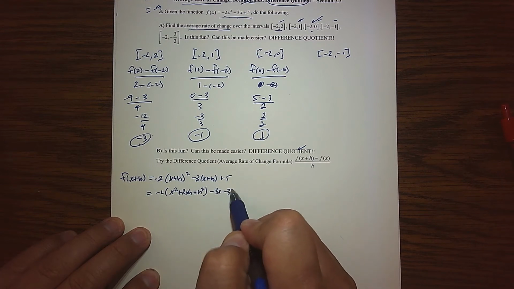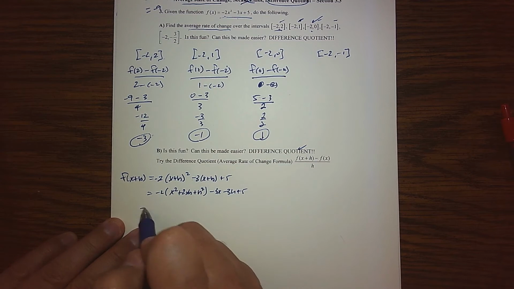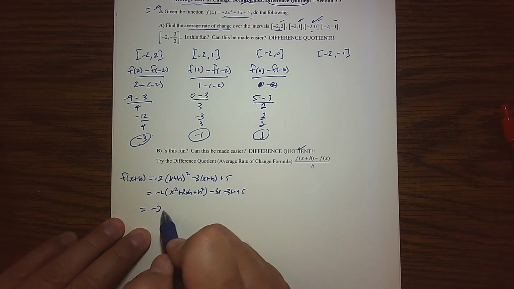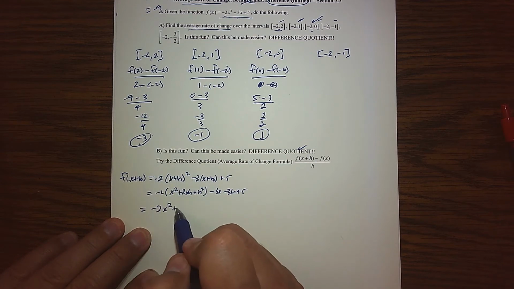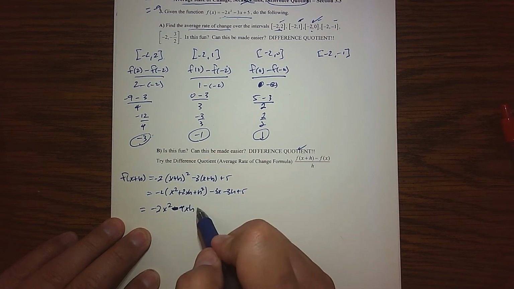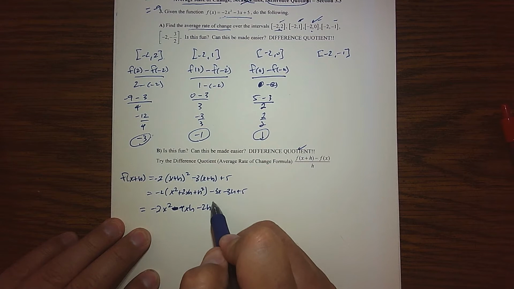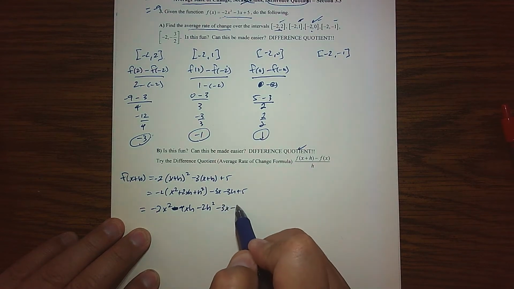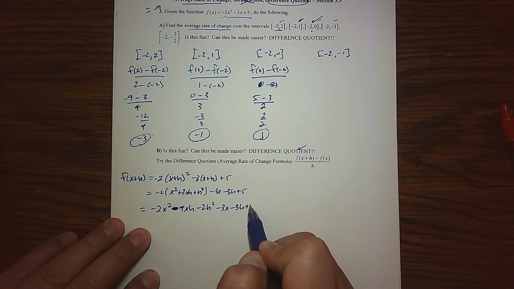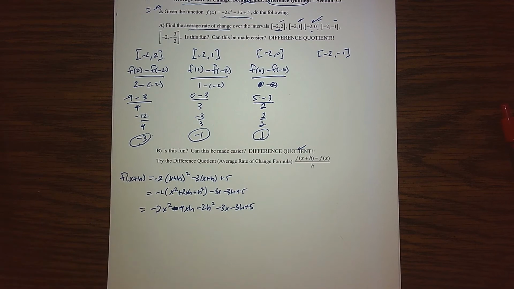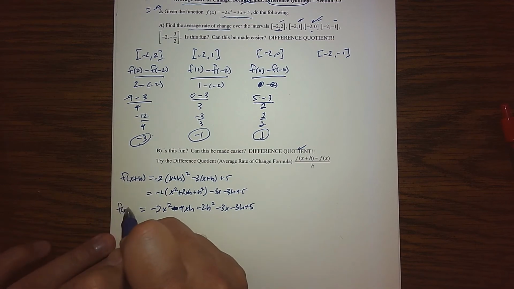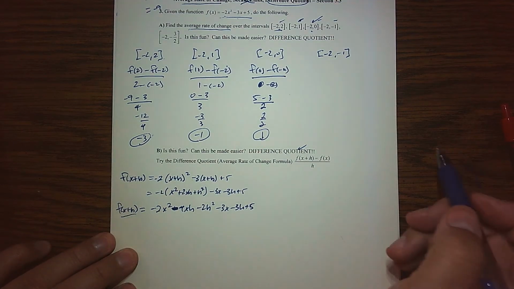Distribute that 3, and then plus 5. When all is said and done, we get negative 2x squared minus 4xh minus 2h squared minus 3x minus 3h plus 5. So there, for the function shown, is our f of x plus h.